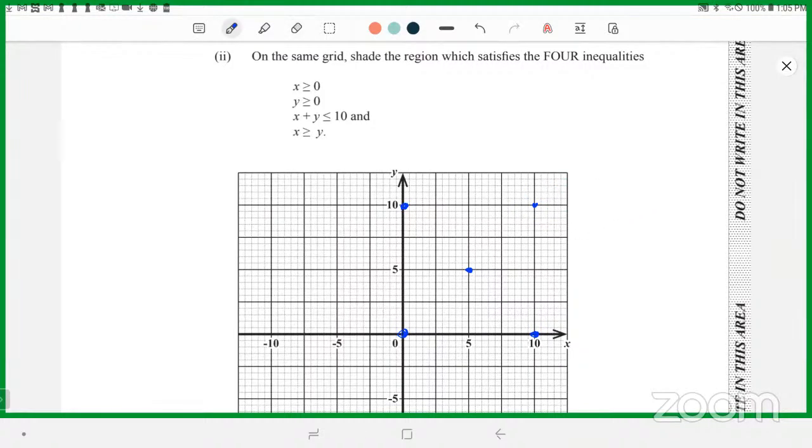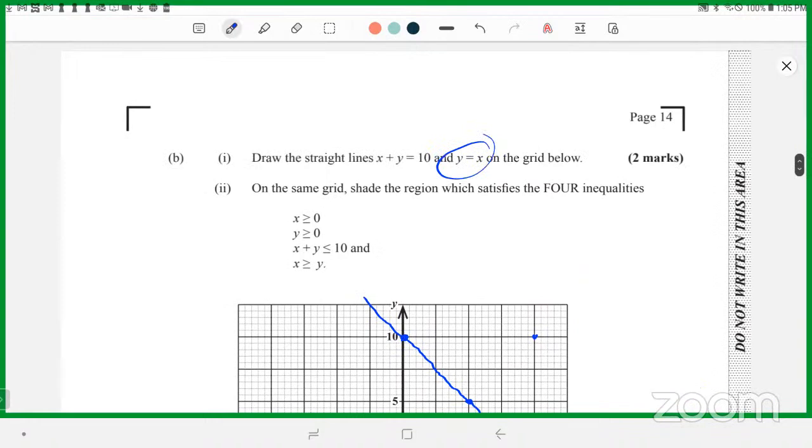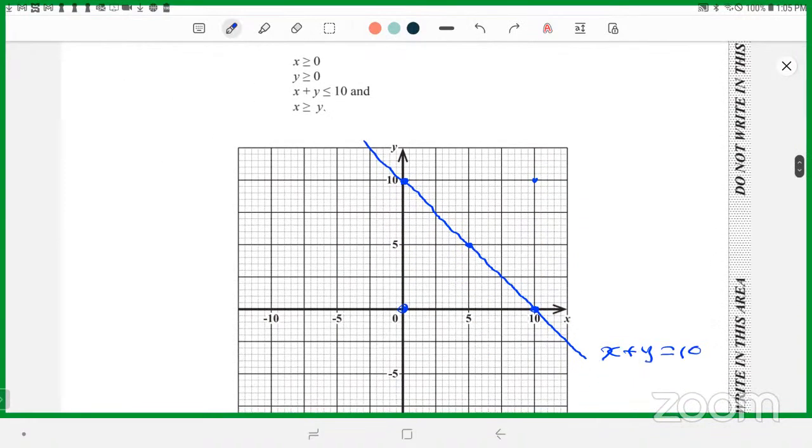So the 2 lines that we're drawing: this one down here is the x plus y line. Label it, x plus y equals 10. And I will also draw on the y equals x, which is the line right up the middle of the graph, like this.